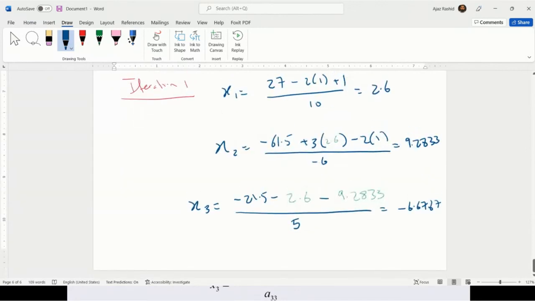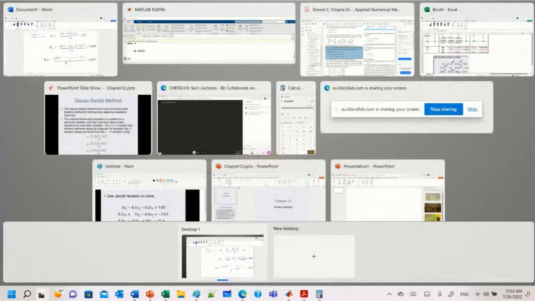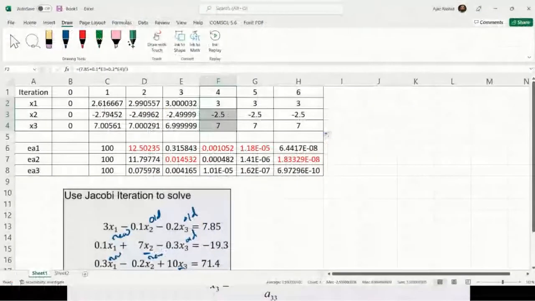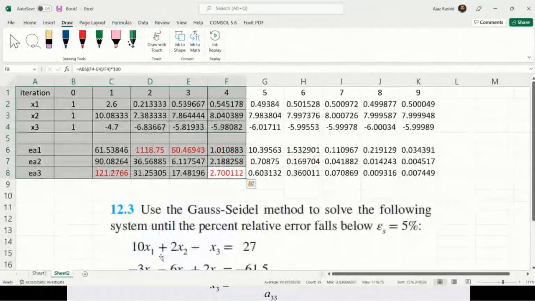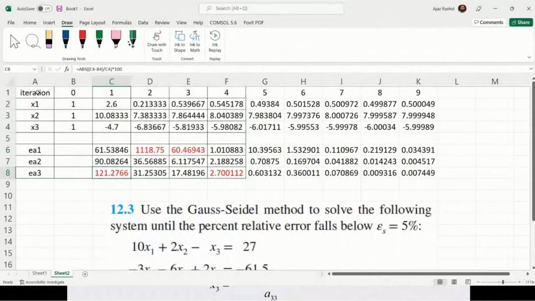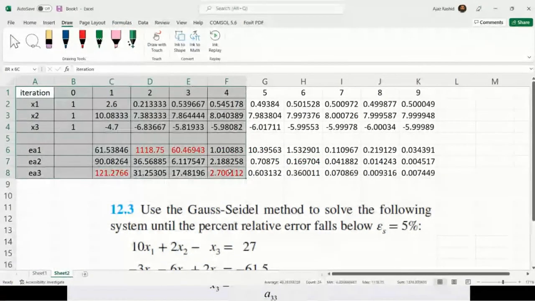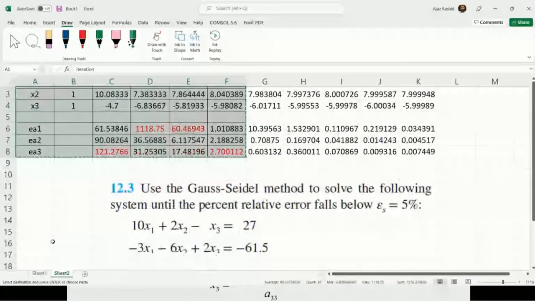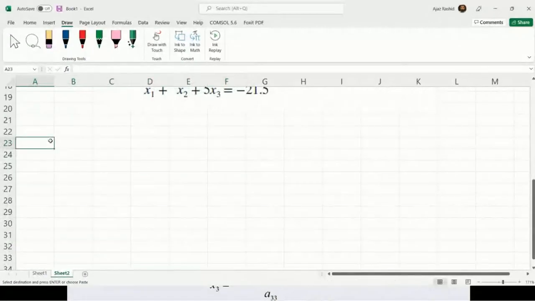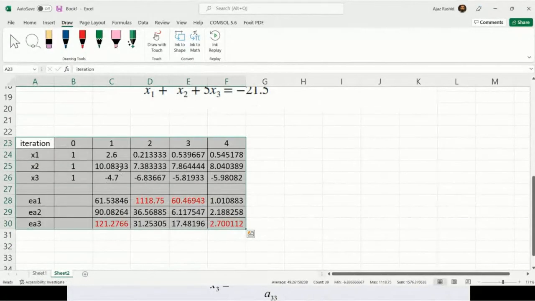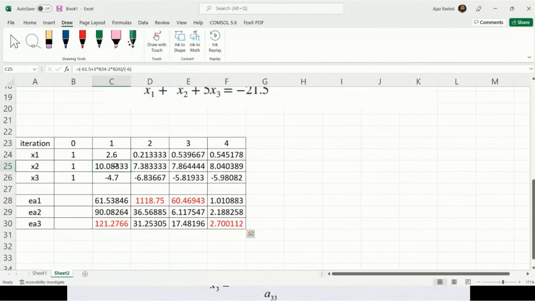And of course, we can continue like this. To save time, I'll just go to Excel. I have all these values here. I'll just copy this 4. I hope I'm not going to need more than 4. The thing that changes now is that here, instead of using the old value, we use the new value.